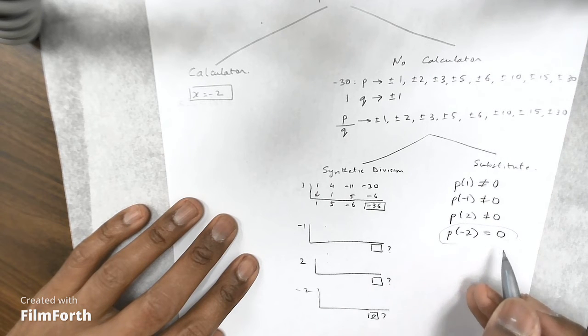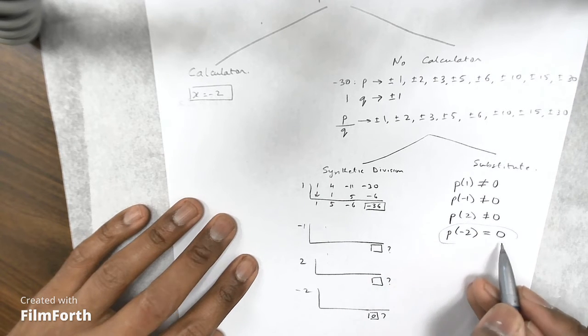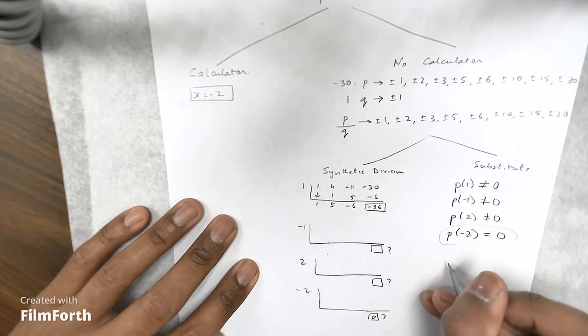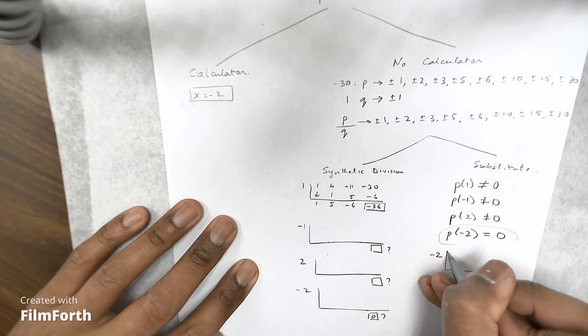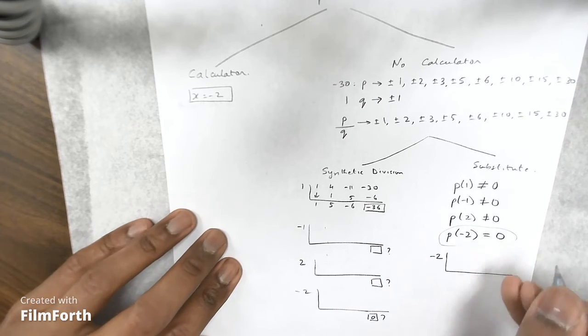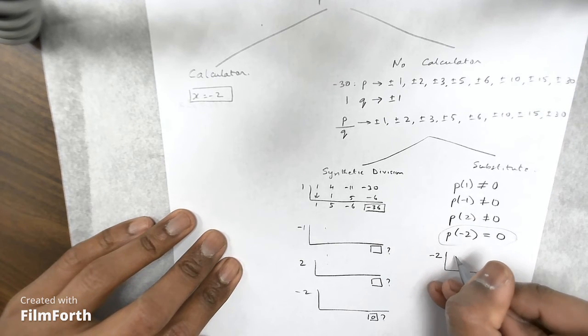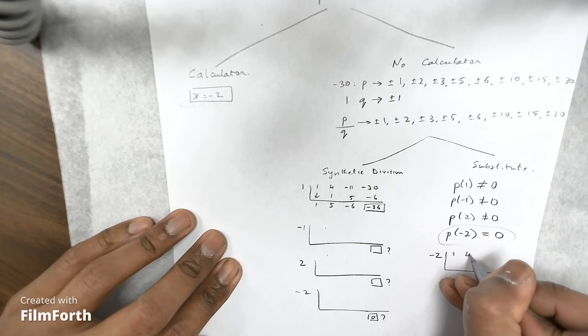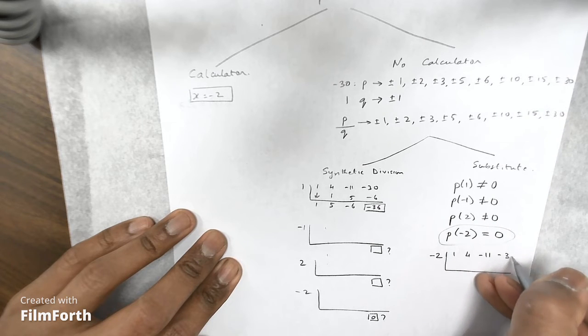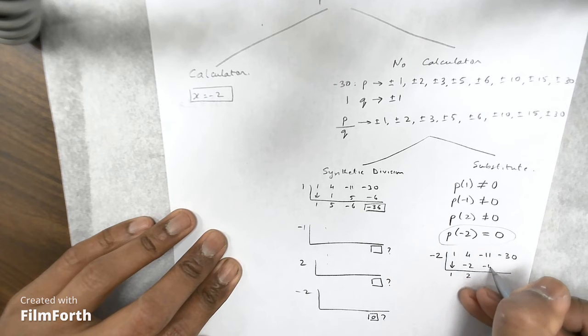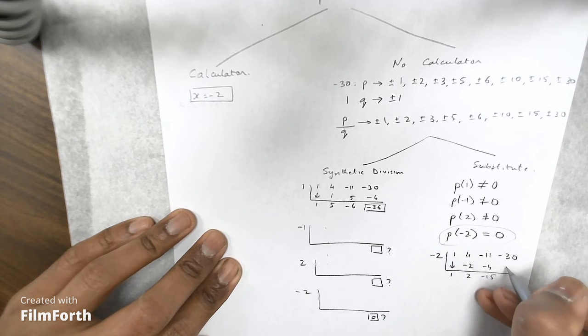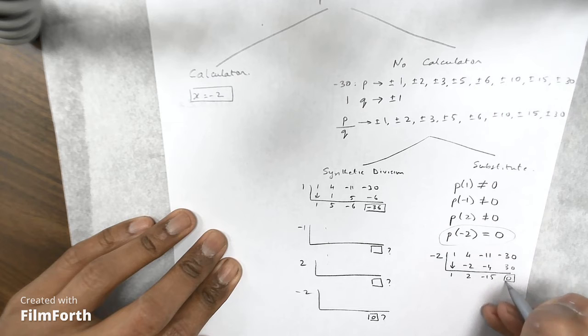Once you have got p of negative 2 as 0, you still have to do the synthetic division, because you want the quotient. So I will do synthetic division real quick here. Now what does this mean?